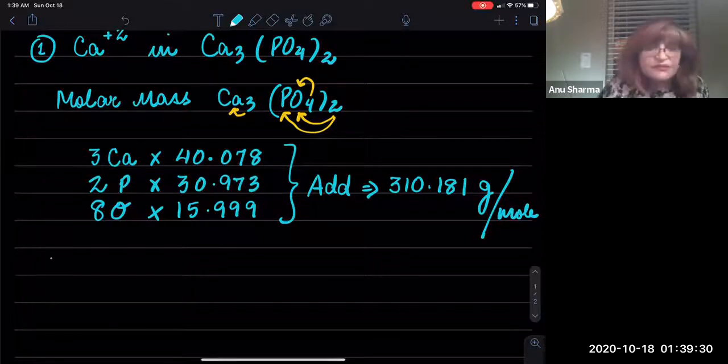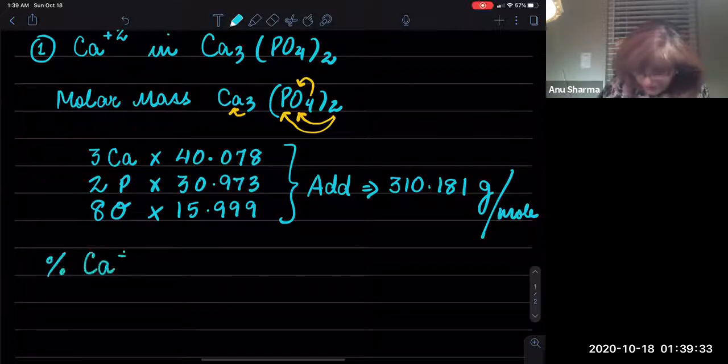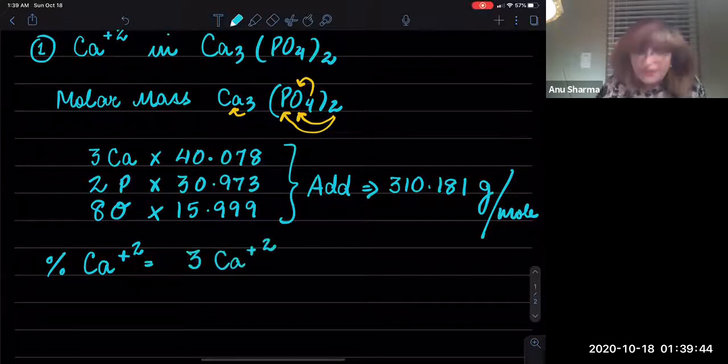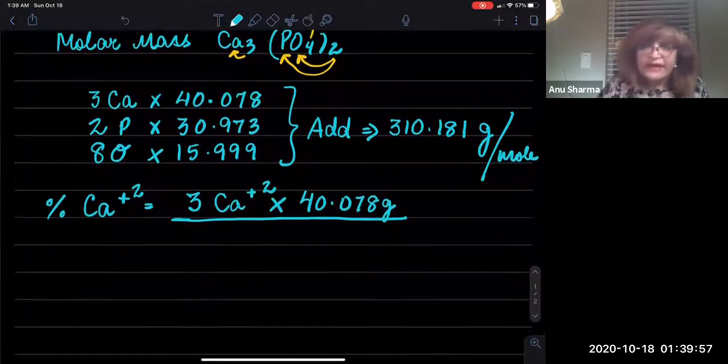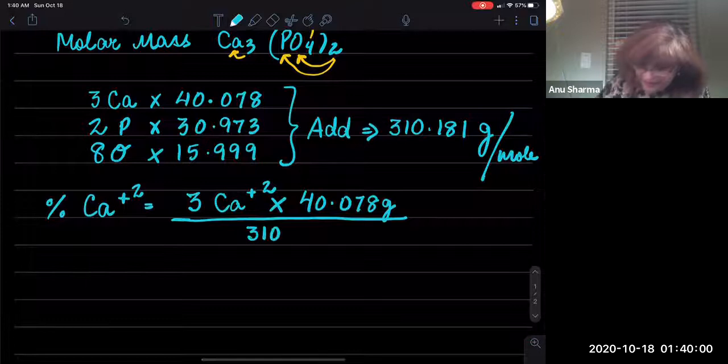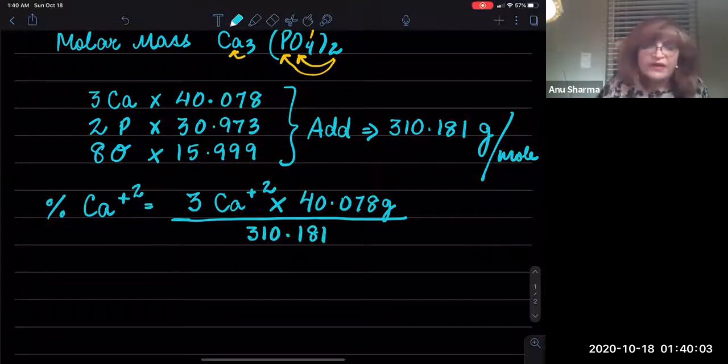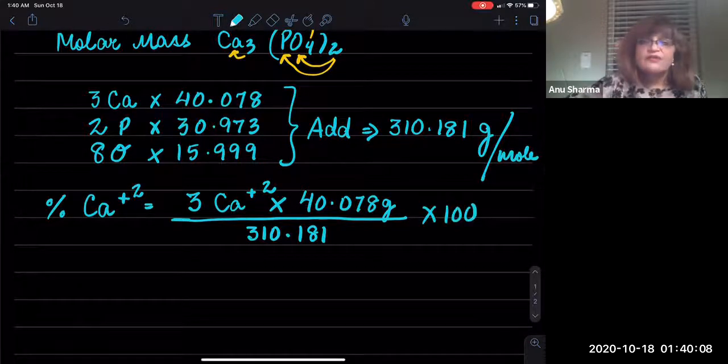So the percentage of calcium ions is equal to, we see there are 3 calcium ions, each weighing 40.078 grams, divided by the total molar mass, 310.181, times 100%.